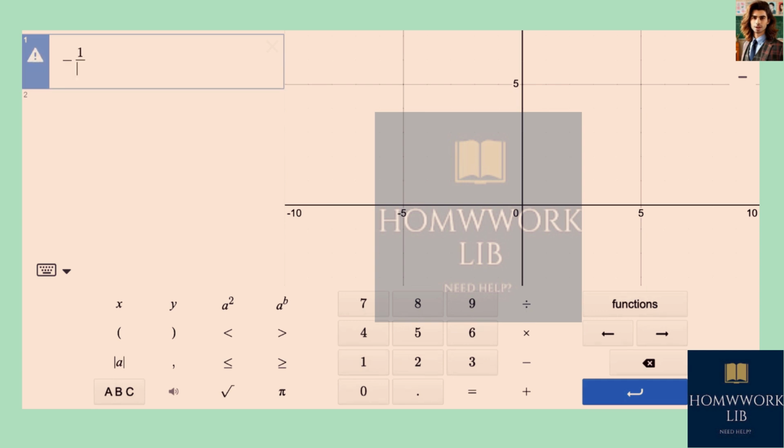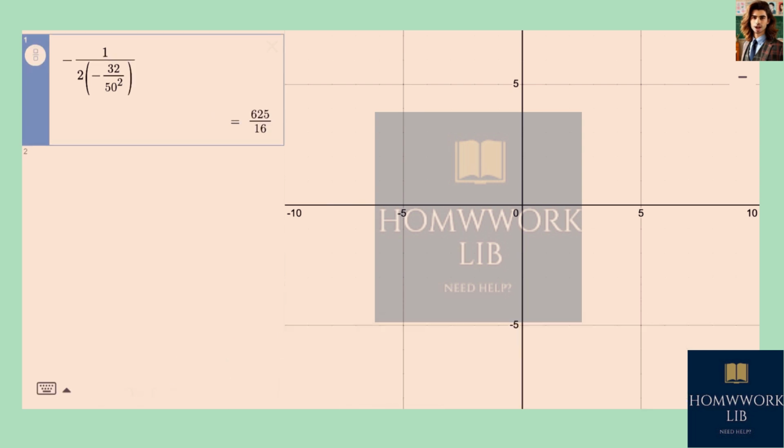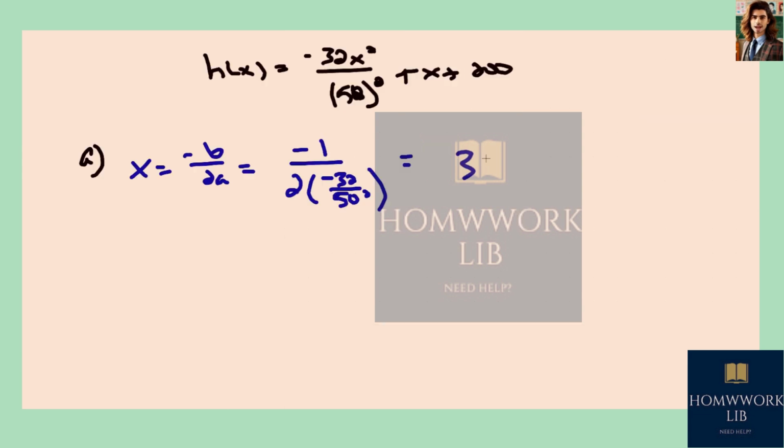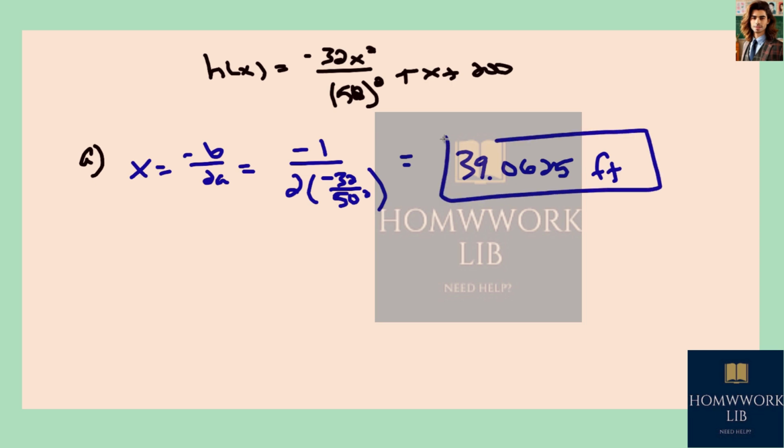Negative 1 over 2 times negative 32 over 50 squared is 39.0625. And that would be the horizontal distance in feet at which you hit the maximum.